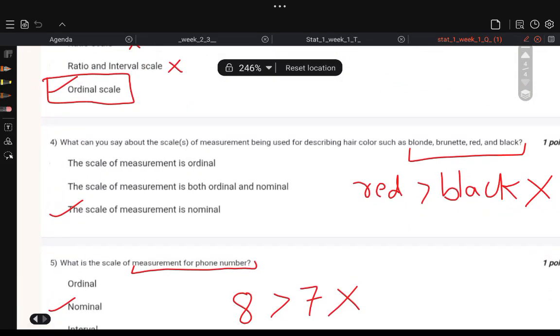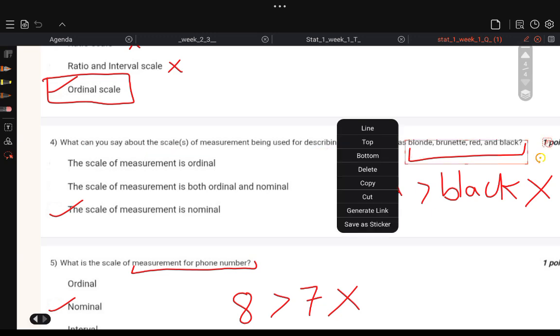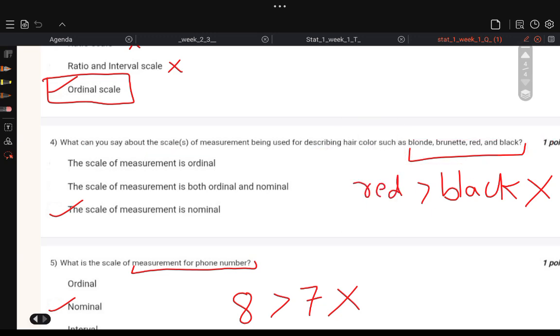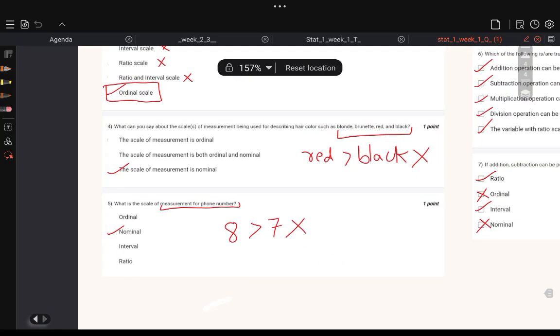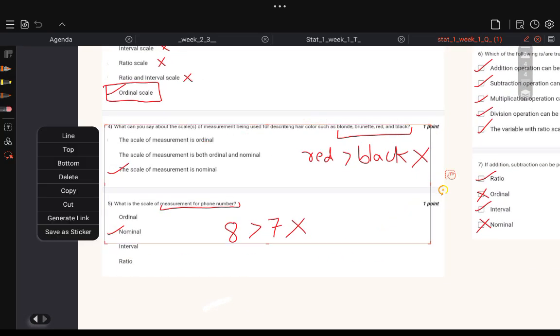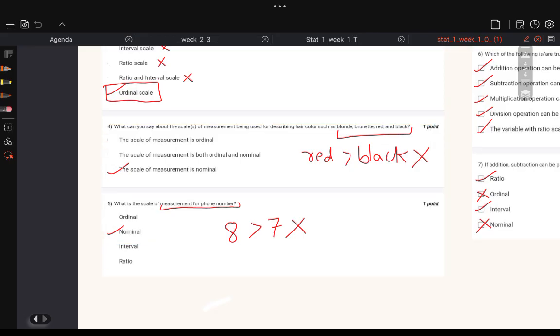Now comes the case. What can we say about the scales of measurement? Let me erase the answer part.